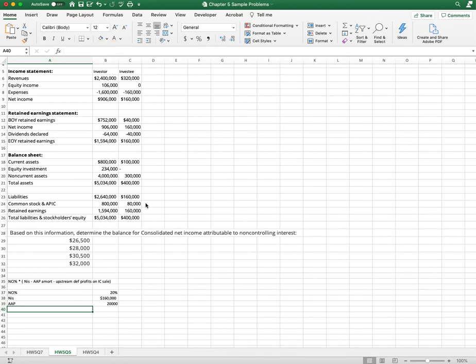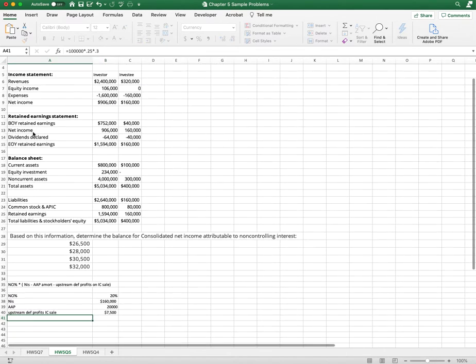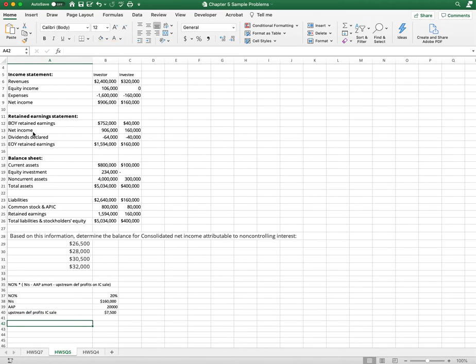And then the upstream deferred profits on the intercompany sale was also $100,000. And then 25% gross profit, so times 0.25, and 30% remains in merchandise, so times 0.3 for $7,500.